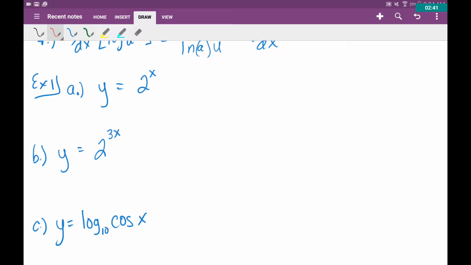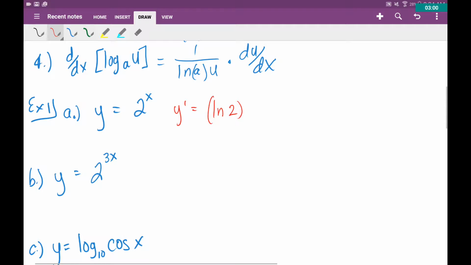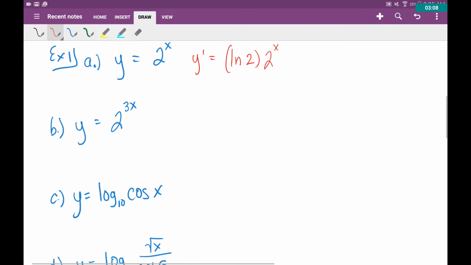Y prime, and this one, if you remember from our rules, we take the natural log of the base, so the natural log of 2, times whatever x, or whatever the base and the exponent were, so times 2 to the x power. And again, there's nothing really to simplify here. If you wanted to switch the order, that would be fine, but that was really essentially it.